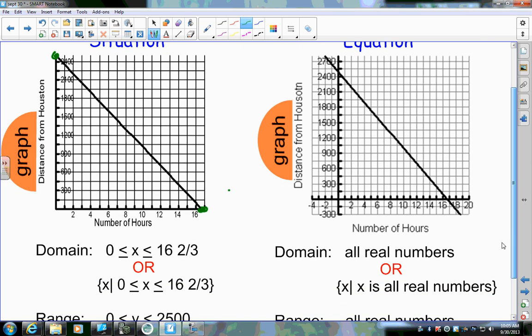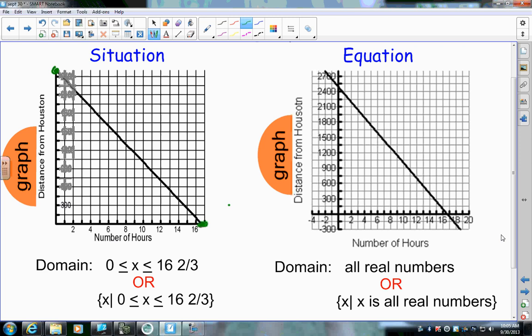Now, if they were asking you about domain and range, this is very important. Look at the difference here. When they talk about domain and range of a situation, they're talking about specific numbers. If they're talking about domain and range of an equation, your equation is always going to say all real numbers, because in the calculator, it doesn't know that we're making it apply to a certain problem.